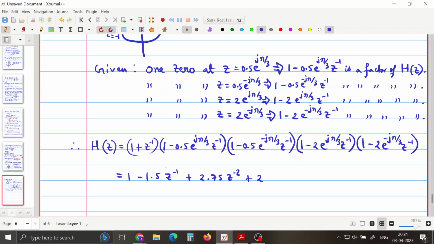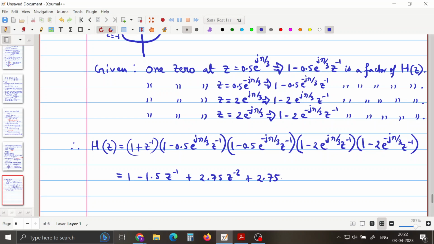If you calculate the coefficients up to z to the power minus 2, you can automatically predict the coefficients for the subsequent terms, for z to the power minus 3, z to the power minus 4 and z to the power minus 5, because they will be even symmetric, right? So it will be exactly the same.